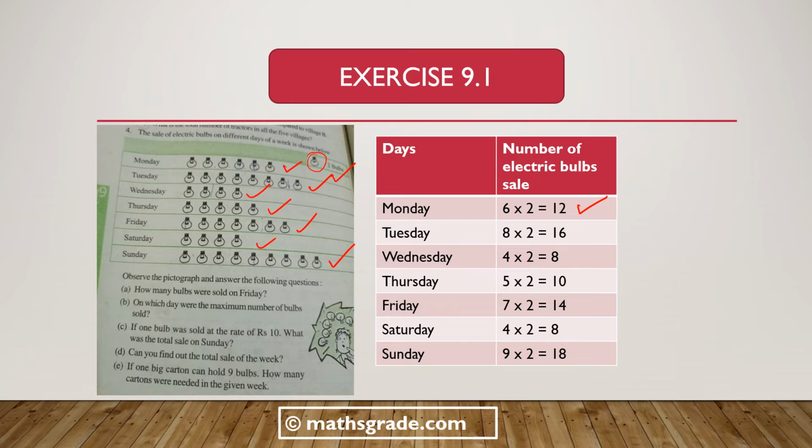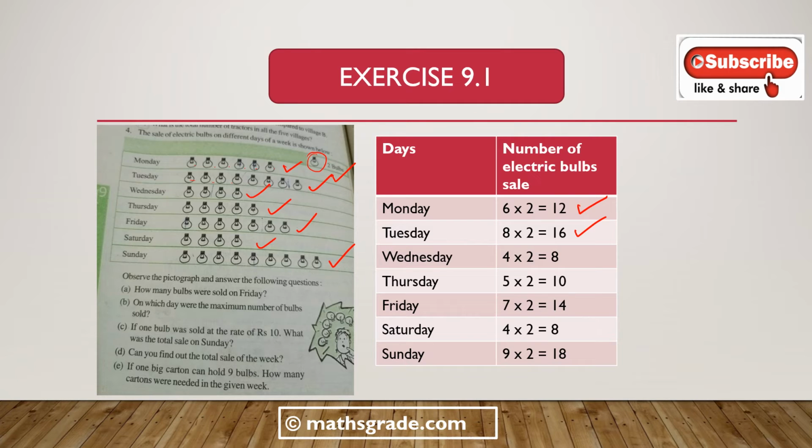On Tuesday there are 8 bulb images. So we have to multiply 8 by 2, that is 16 bulbs were sold on Tuesday. On Wednesday there are 4 pictograph images.